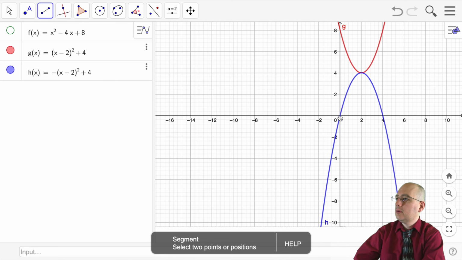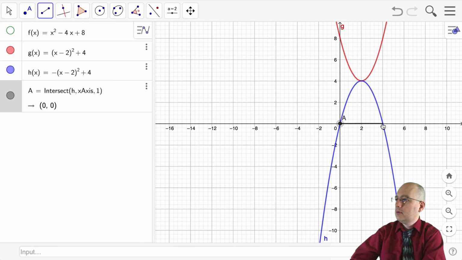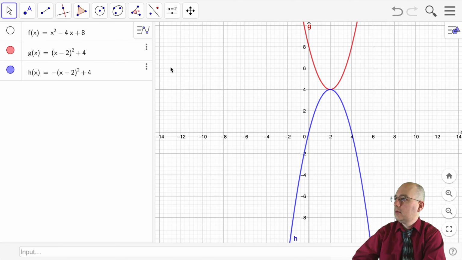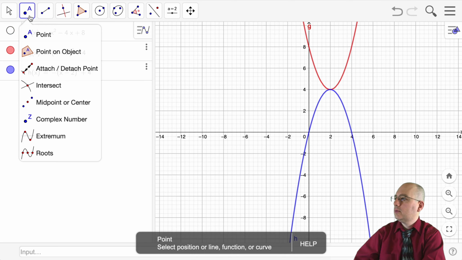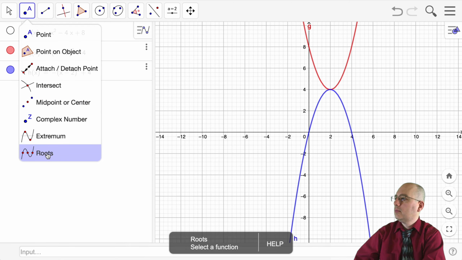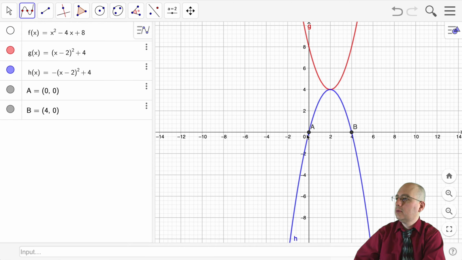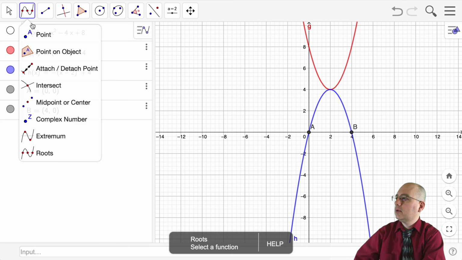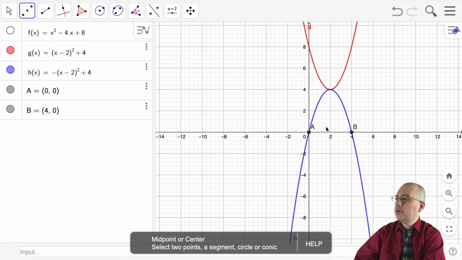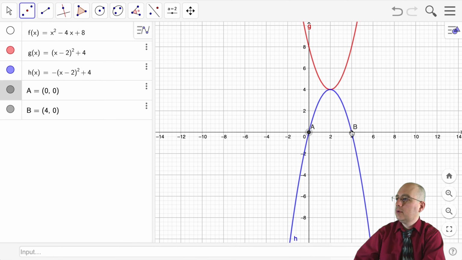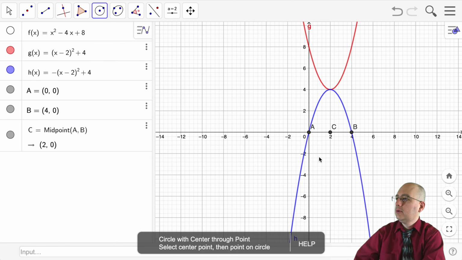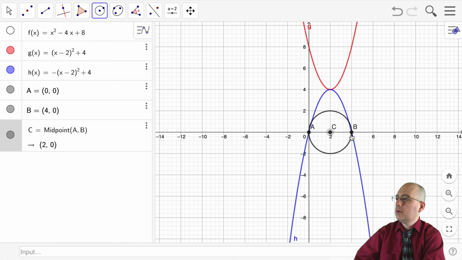Let me see. What do I want to do? I want to get these roots, and then I want to get the midpoint here, and then I want to do a circle through the point. And there we go. With me so far?